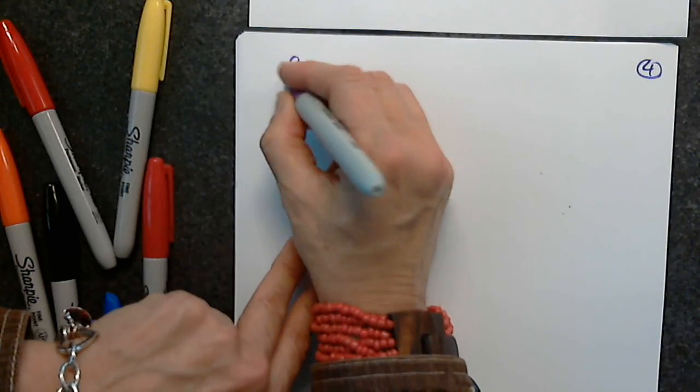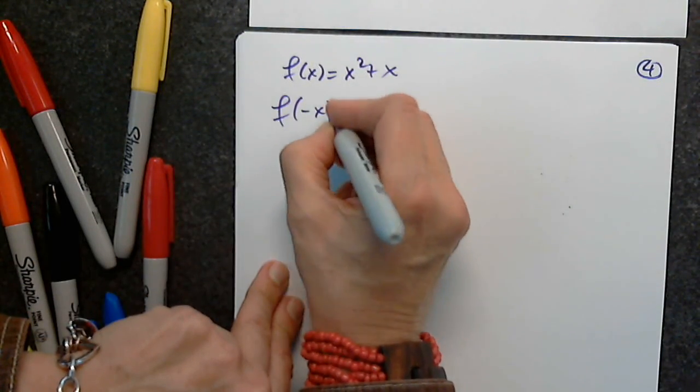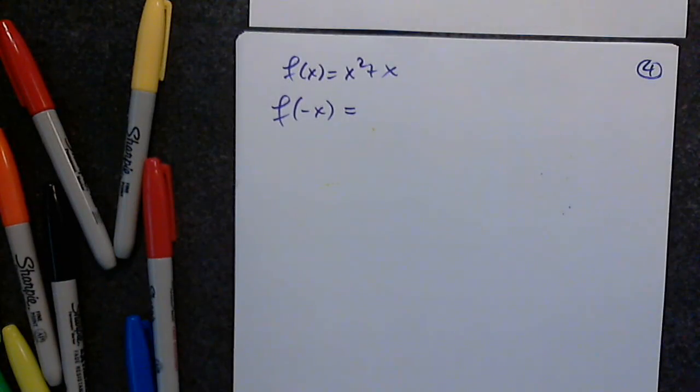Ready? So I'm going to copy the function here, f of x equals x squared plus x, and let's find f of negative x. How do I find f of negative x? This is based on what we did last time. What do I mean by that? Discussing how to evaluate a function. So I look at this function, and what does it tell me?